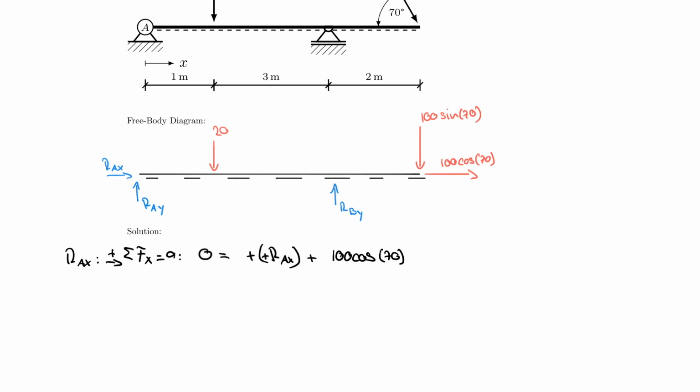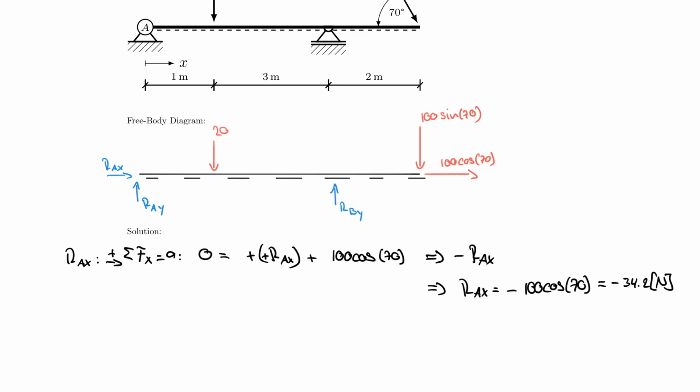And so what you will find is that you actually now have to invert RAX. So you find a negative RAX. Or even better, you will find that RAX is equal to minus 100 cosine 70. And that comes out to be negative 34.2, in this case, Newton.